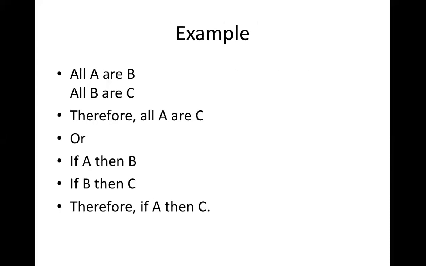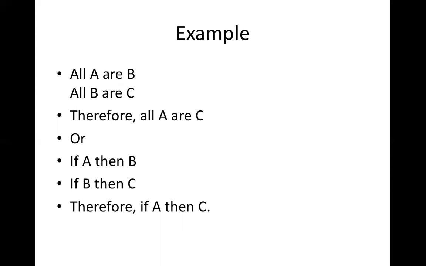For example, all A are B, all B are C. Now you can see that the consequent of the first premise, B, has become the antecedent of the next premise. And the consequent of the second premise, which is C, can become the antecedent of a third premise.